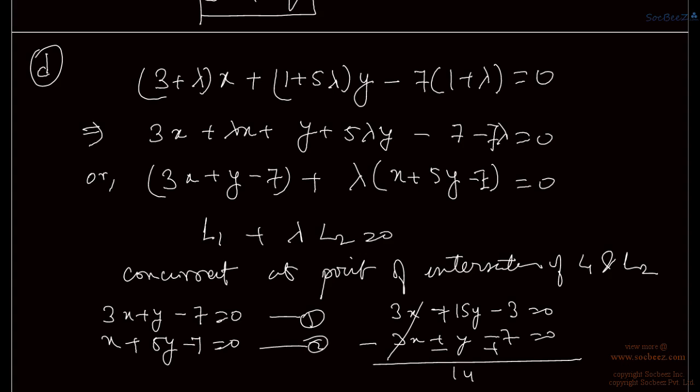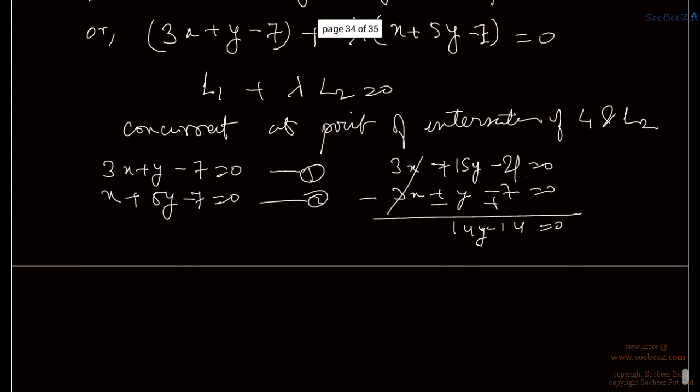So instead of 3, it should be 7 times 3, that is 21. So minus 21 plus 7 is minus 14, giving 14y minus 14 equal to 0.